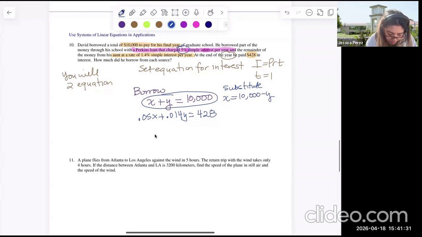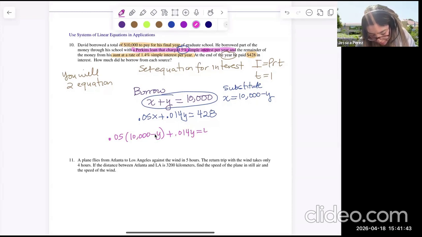Now I'm substituting that into equation number 2, so it's 0.05 times 10,000 minus y plus 0.014y is equal to 428. So this is where you want to have your calculator handy. You're going to multiply it out. So it's 0.05 times 10,000. That gives me a total of 500. Minus 0.05y plus 0.014y is equal to 428.